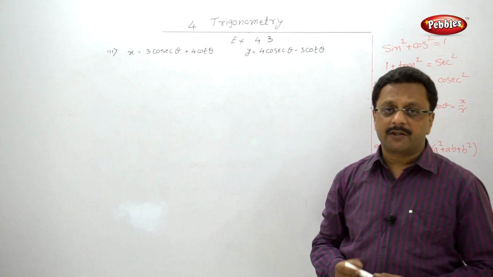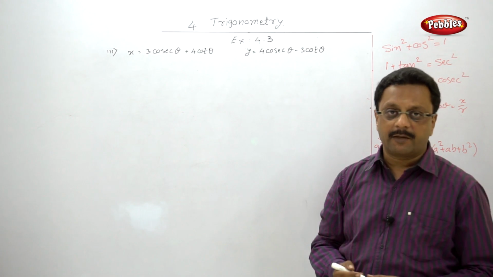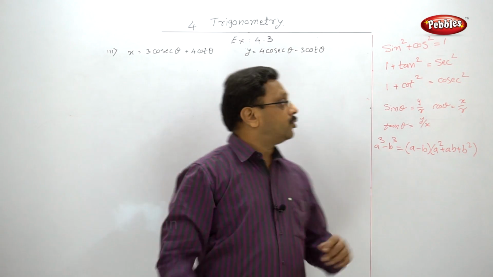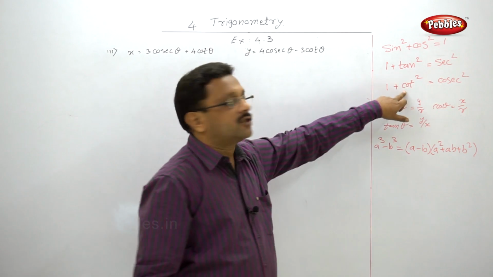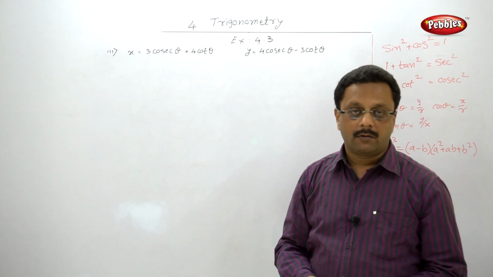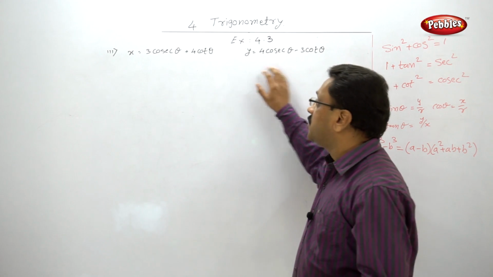Very similar to the previous examples. First, decide which identity you are going to use. Cosec square minus cot square equal to 1. That identity you are going to use here.